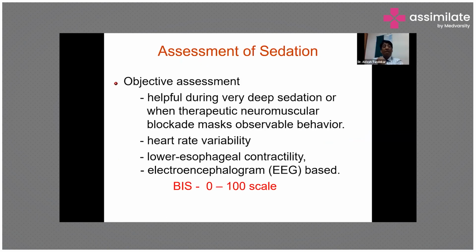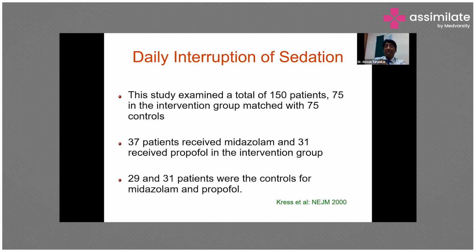So, objective assessment of sedation is with the help of assessing the depth of sedation with neuromuscular blockade, observable behavior, heart rate, esophageal contractility, lower esophageal contractility, and EEG can also be used, as far as the sedation assessment is concerned. And whenever the patient is on sedation infusion, daily interruption of sedation is very, very important.